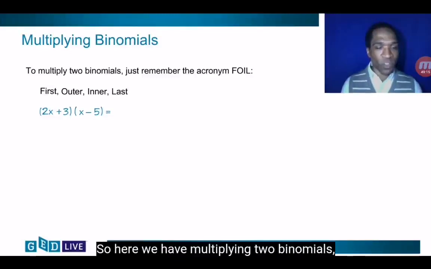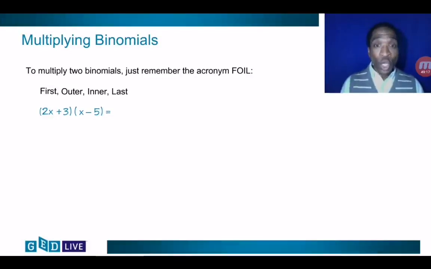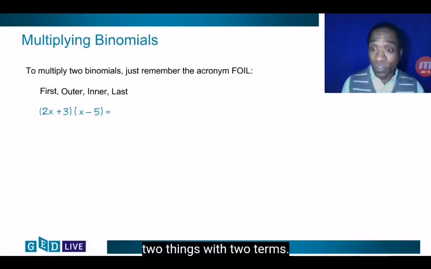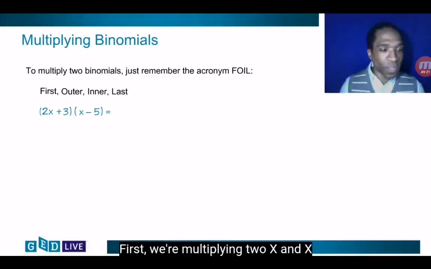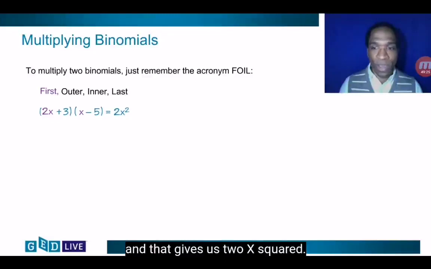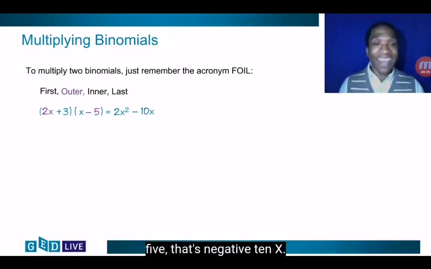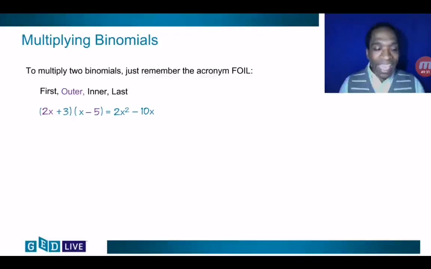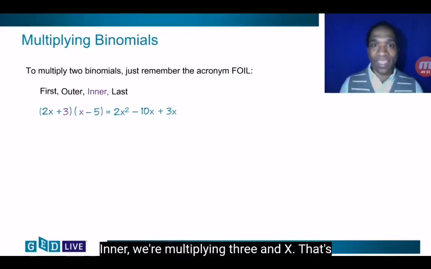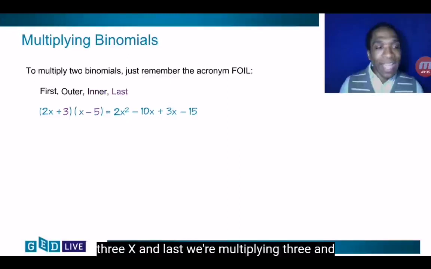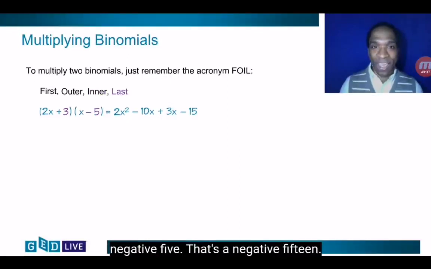Here we have multiplying 2 binomials, 2 things with 2 terms. First, we're multiplying 2x and x, and that gives us 2x squared. Outer, we're multiplying 2x and negative 5, that's negative 10x. Inner, we're multiplying 3 and x, that's 3x. And last, we're multiplying 3 and negative 5, that's a negative 15.